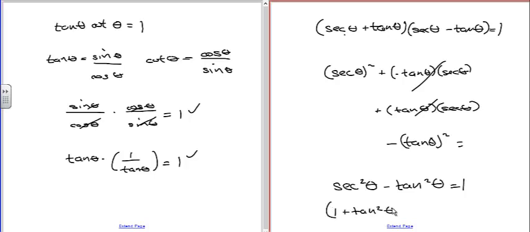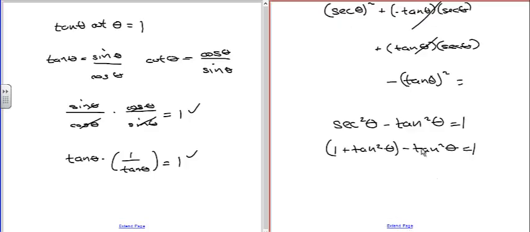So that's the substitution here. We leave the second term the same for right now. And you can see that cancels out with that, and all you're left with is 1. So you get 1 equals 1. So that's how these go, and we're gonna spend a lot more time on them in chapter 5.